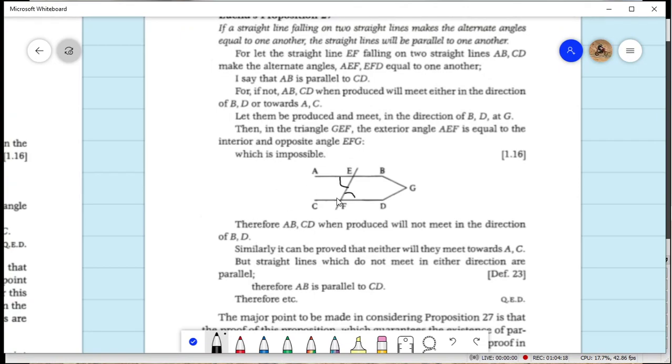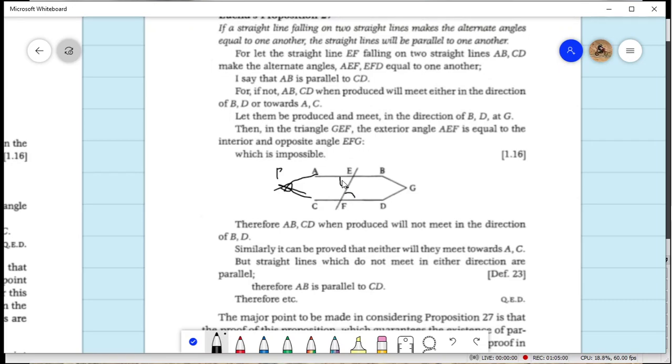But if that happens, the same argument would follow. If there is a point of intersection here, meaning if they are produced here, they should meet there. So there is a triangle there, with this point, let's say P. So you have the triangle EPF, for which this angle EFD is an exterior angle, which would be equal to one of its remote interior angles, angle PEF.